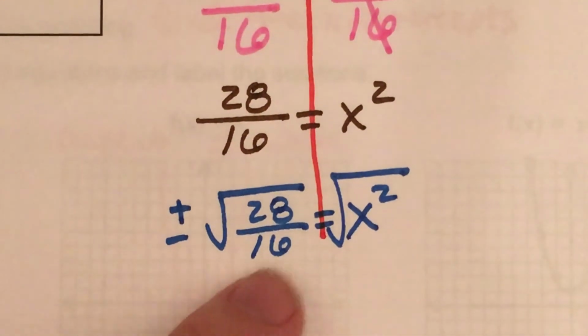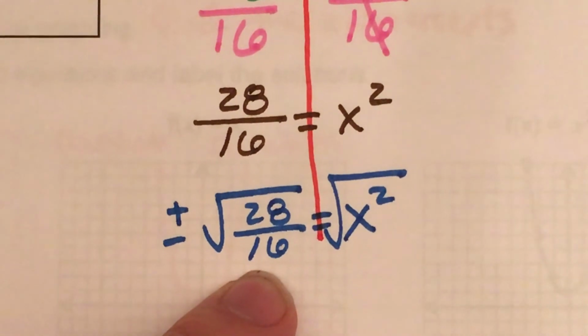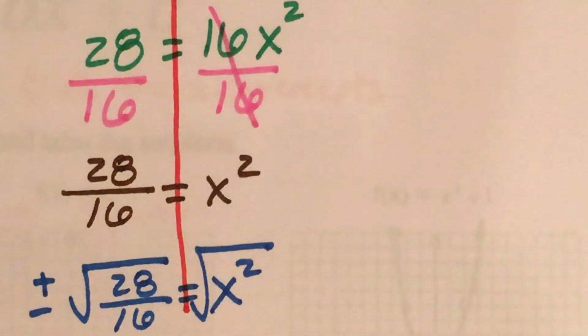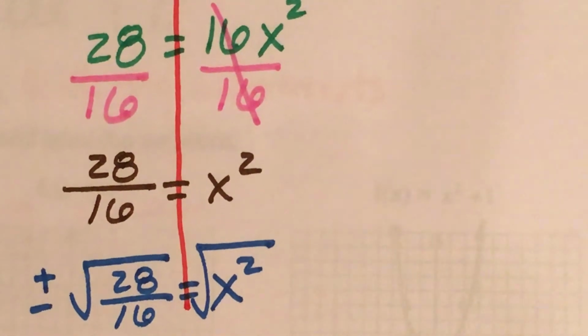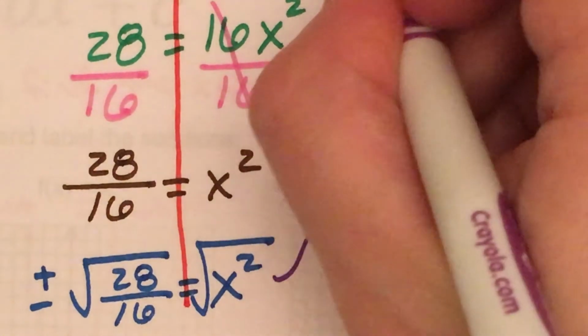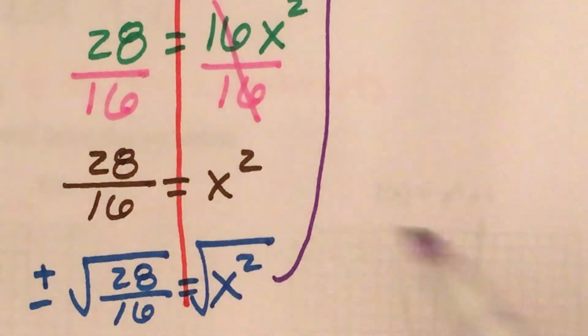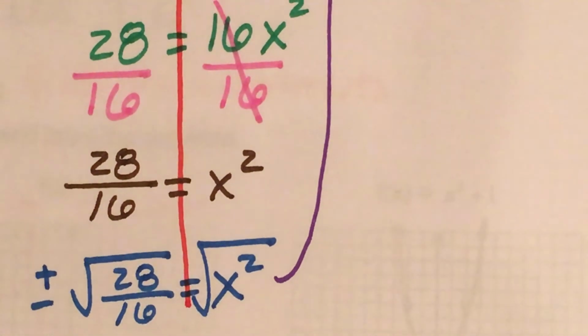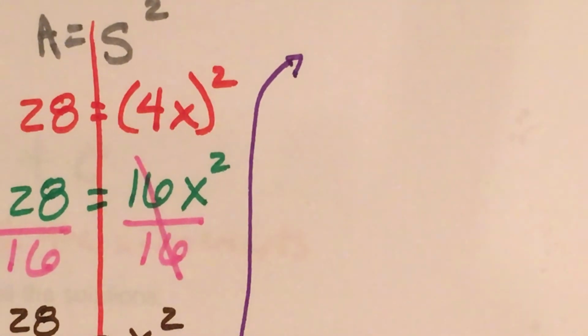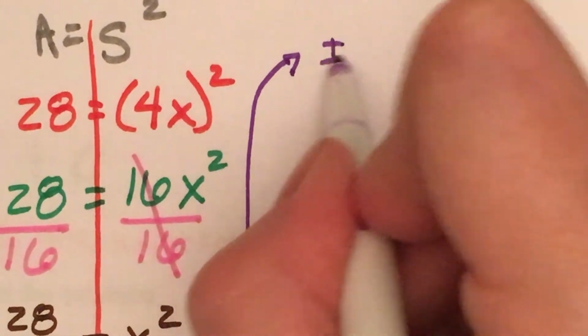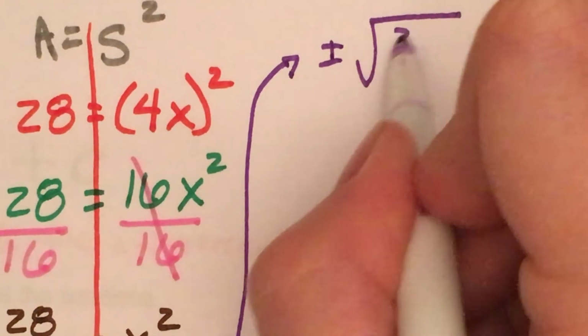Now this is an ugly little fraction right here, and truthfully we could have simplified this. We could have made this a lot more user-friendly. So let's do that. So 28 and 16. What are those both divisible by? Let's rewrite this just so we can see it.